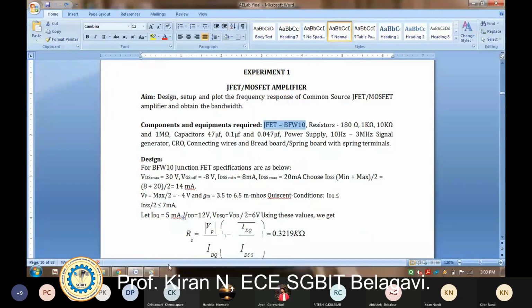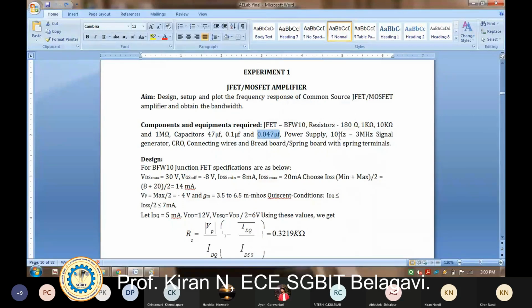The components we are using here are JFET BFW10, resistors of 180 ohms, 1 kilo ohm, 10 kilo ohm. These are the components required. Capacitors 47 microfarads and 0.1 microfarad. The 47 microfarad is an electrolytic capacitor and 0.1 is a ceramic capacitor, and 0.047 is again an electrolytic capacitor that we will be using.